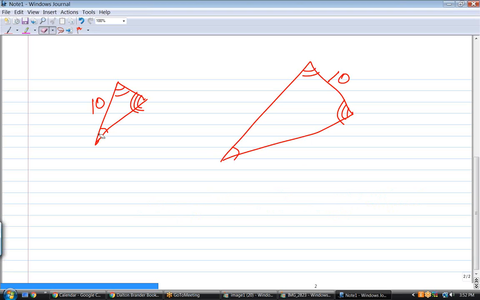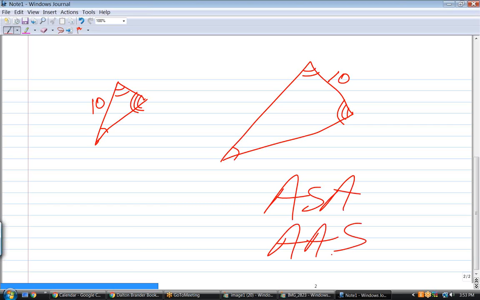You can't have angle, side, angle being congruent with angle, angle, side. That doesn't work, and that's why they distinguish between them. That's why they have angle, side, angle and angle, angle, side. They're not exactly the same.